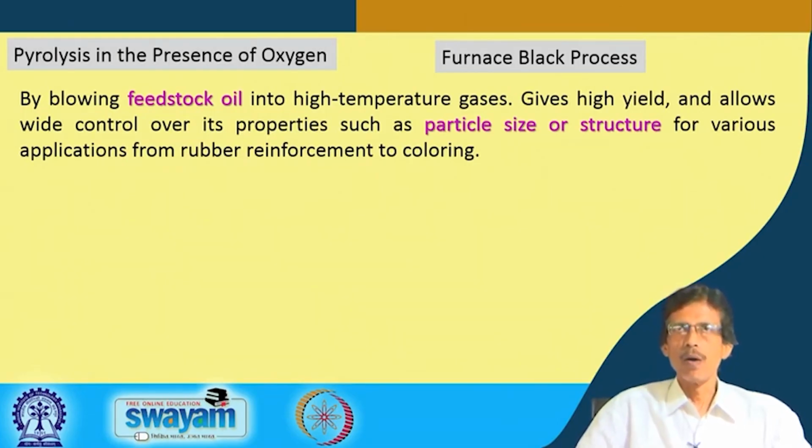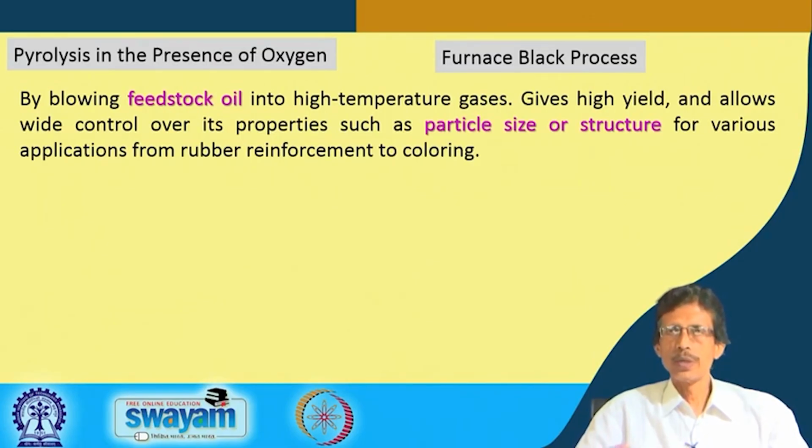Why are we burning oil? Feedstock oil, any cheap quality oil can be utilized, like the burning of polymer material. So, oil burning can give you a control on the particle size or the structure. It is not random, it is not erratic also. So, a particular type of size.